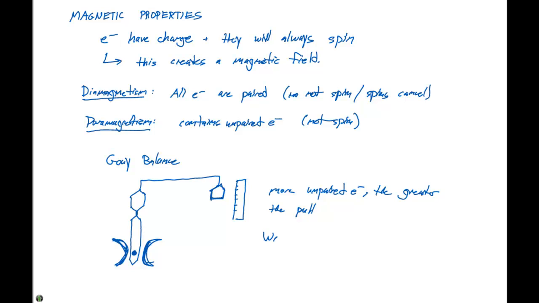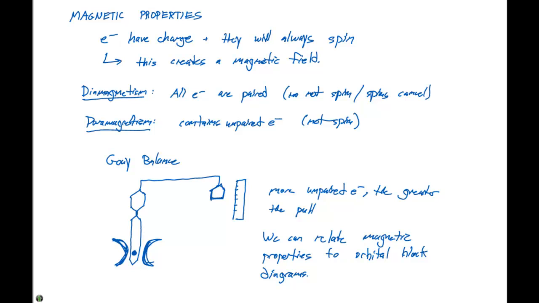So we can relate magnetic properties to orbital block diagrams.